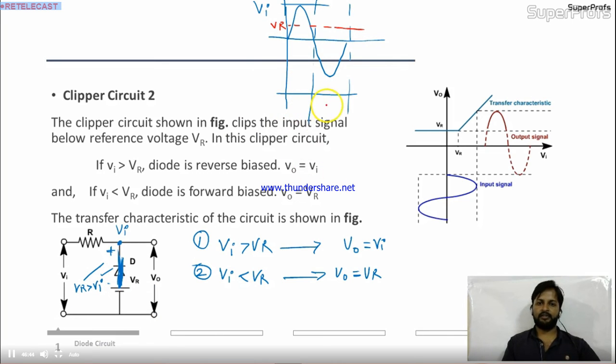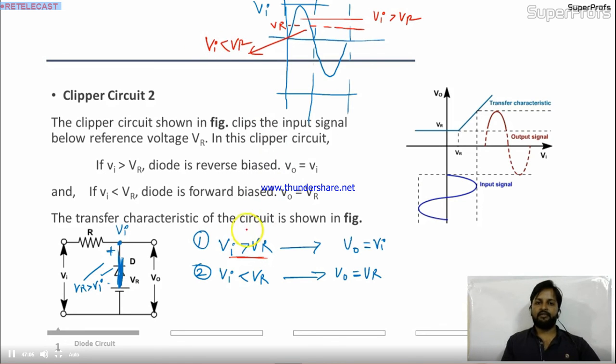Now I have to draw the output, and I have to keep in mind these two conditions. When Vi is greater than Vr, where is Vi greater than Vr? Over here. This is the region for Vi greater than Vr, and the remaining region is for Vi less than Vr.